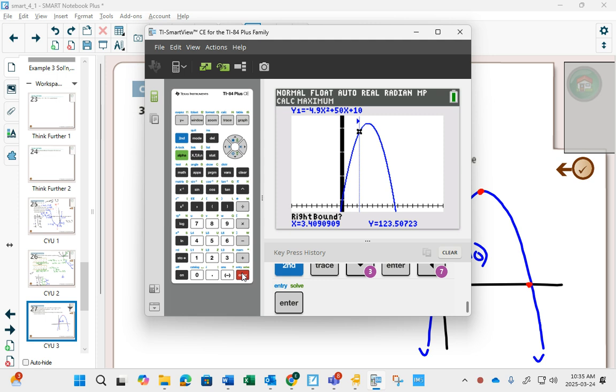Then it says go to the right side, so I'm going to move my cursor over to the right. Doesn't matter how far you go to the right, as long as you're to the right of it. If I push enter, it does another arrow. Do you see that our maximum is in between those two arrows? It says guess. When it says guess, everybody just pushes enter again. Nobody actually guesses. And it finds it exactly for you at 5.102, 137.551. Wow. Let's see if I can write that.